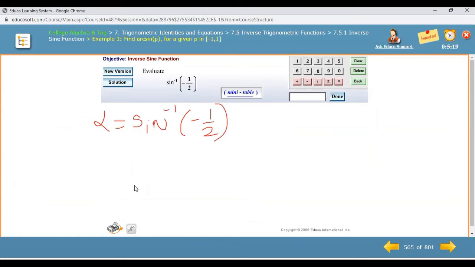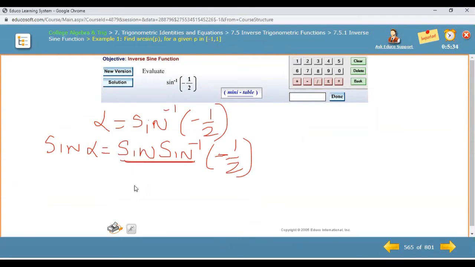So operating with sine on both sides, sine alpha is sine of sine inverse negative 1/2, and they cancel out each other's effects. So sine alpha is negative 1/2.